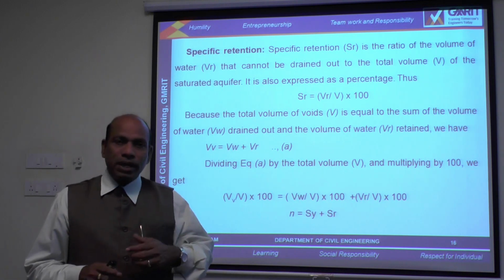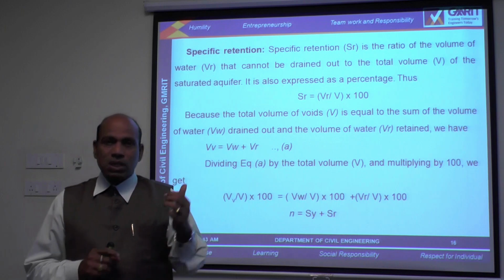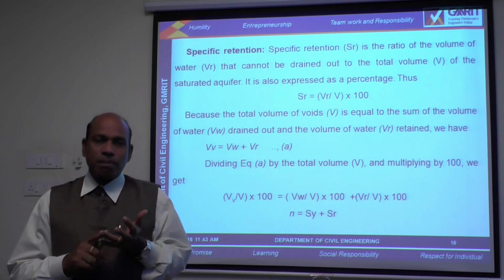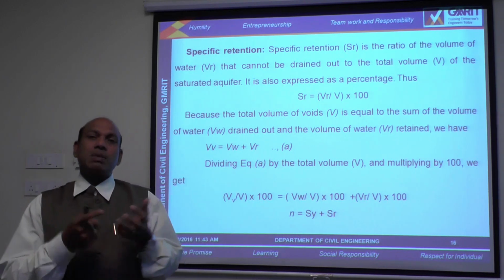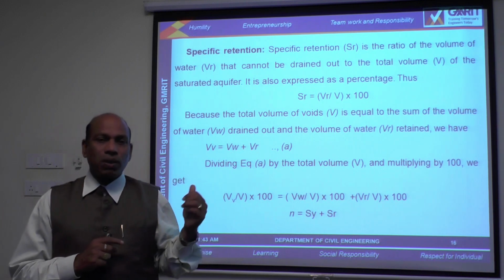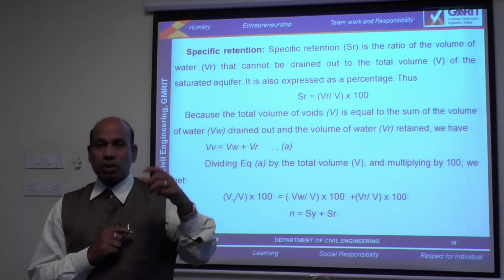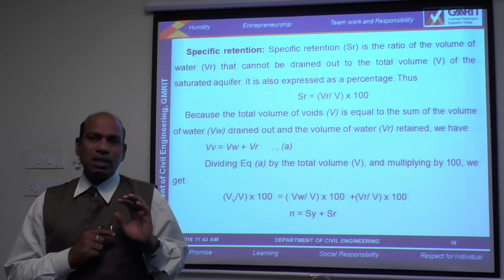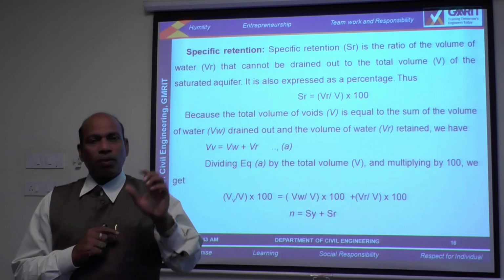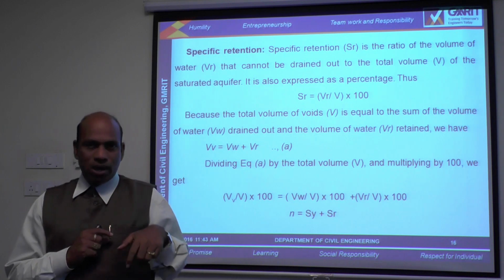Here one more point: based on these three definitions, porosity, specific yield and specific retention, we are going to give a relation between these three. Earlier, porosity was defined as the volume of voids to the total volume.